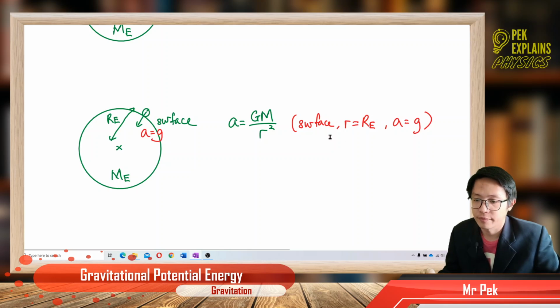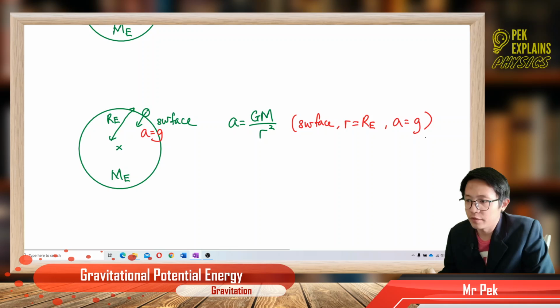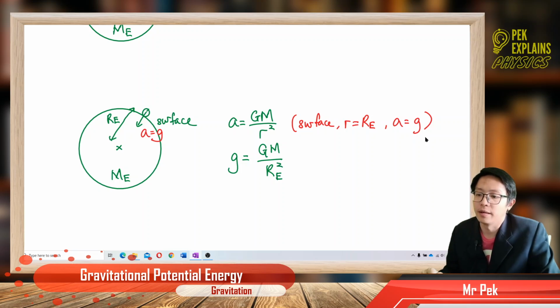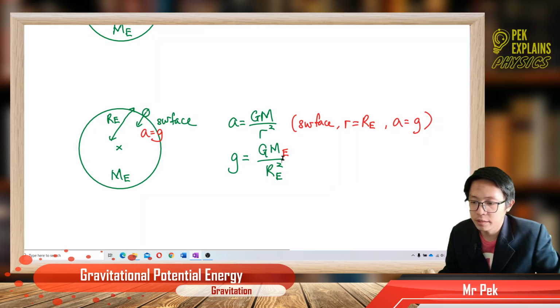At the surface, it is GM over r squared. On the surface, the distance to the center is the radius of Earth, and the gravity is g. So let's substitute: a becomes g, r is the radius of Earth, and M is the mass of Earth, because it is the Earth that provides the gravity.